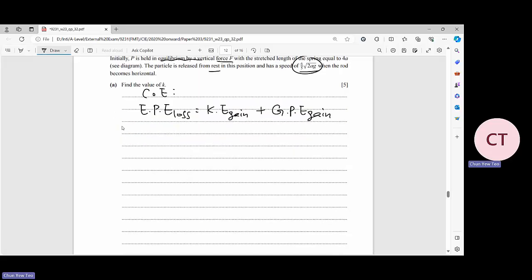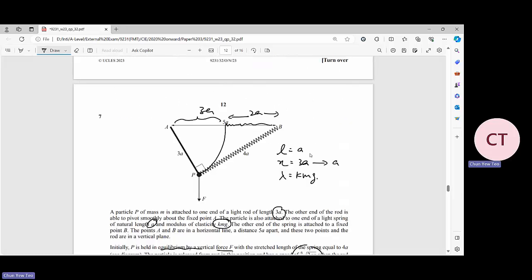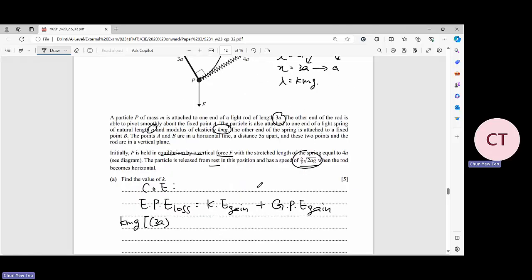So the EPE loss will be lambda of the X. This is the X1, this is the X2. So X1 squared minus X2 squared, so 3A squared minus A squared, divided by 2L. 2L is 2A.